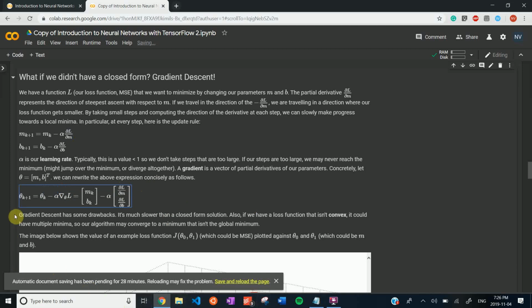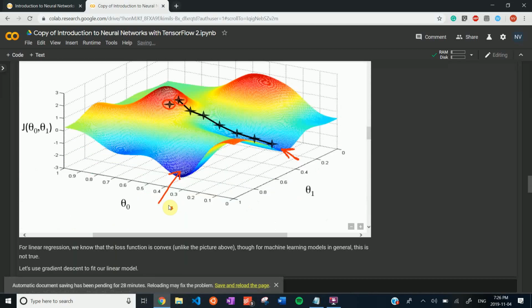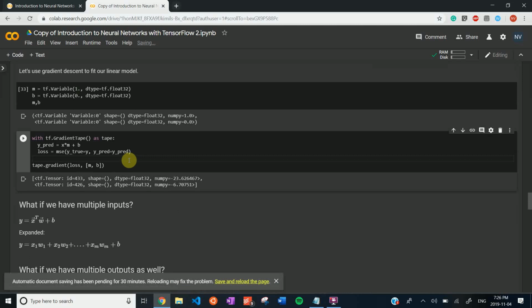If you have your parameters like m and b, the gradient would be the derivative with respect to m and b. TensorFlow here was able to calculate the derivatives at these values. In particular, for m, it was minus 23, and for b, it was minus 6. Our algorithm is going to follow this direction of the derivative until we minimize our loss function. Any questions about why I did this or how I did this?